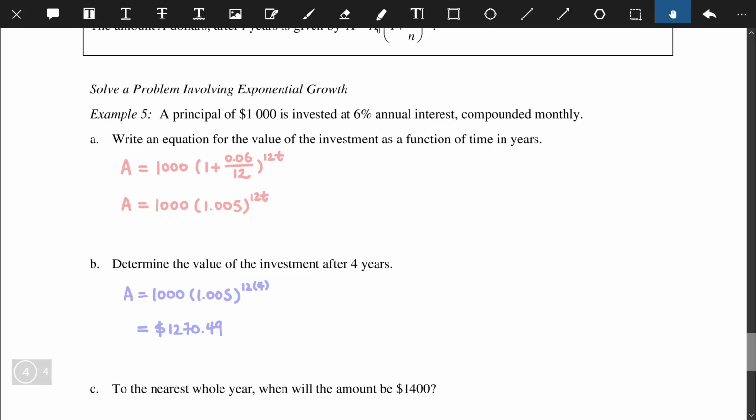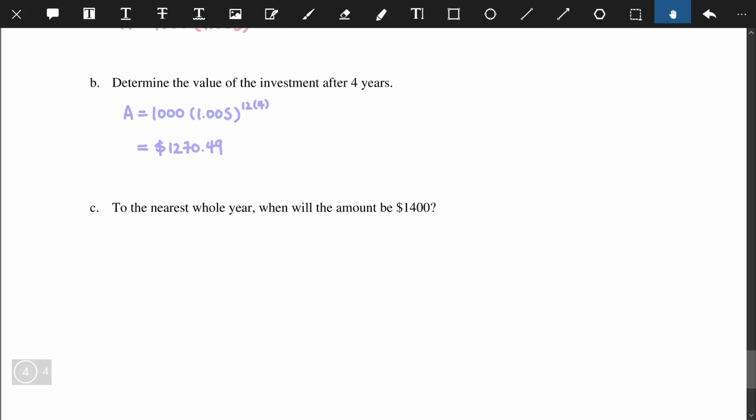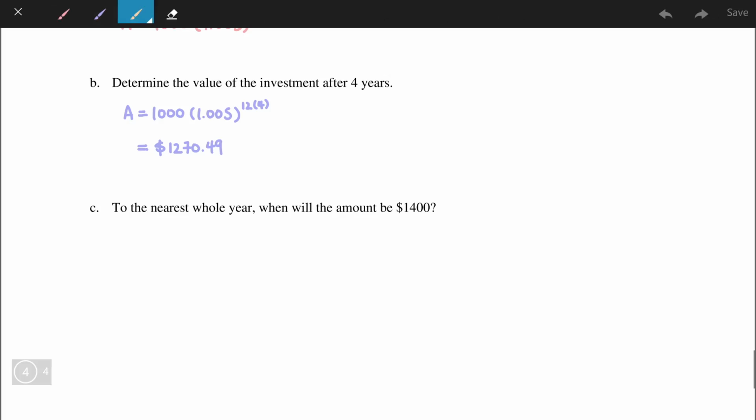So the next piece, to the nearest whole year, when would the amount be $1,400? So this involves solving for t, which we don't have a good way of doing right now. So again, we have to kind of guess and test a little bit, but we know it's going to take more than 4 years, because after 4 years, the amount is only $1,270.